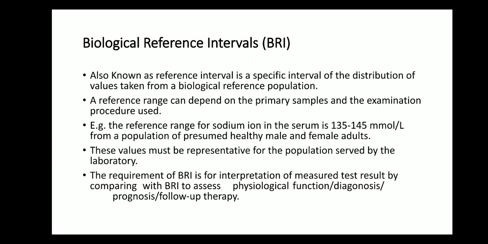The values we run every day are stored in the analyzer, and there is a graph which is plotted. That graph is called the Levey-Jennings chart. In this chart we can analyze the standard deviation, how far the measured result is from the true value.